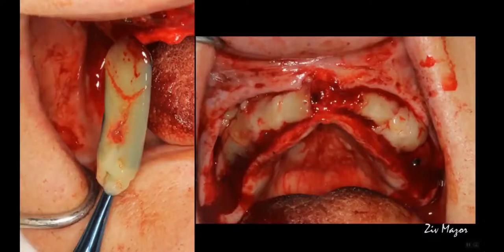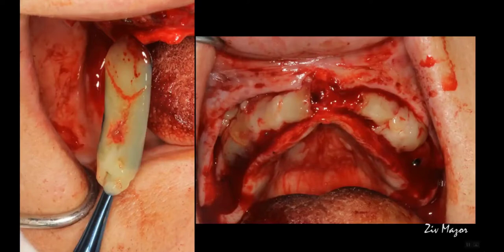Then I inserted the implants, and I used the PRF, the L-PRF, to cover my augmentation and ridges. Now, what is the benefit of using L-PRF for such indications? First, acceleration of healing, not just soft tissue, but also hard tissue. We know that it has a big effect on angiogenesis.